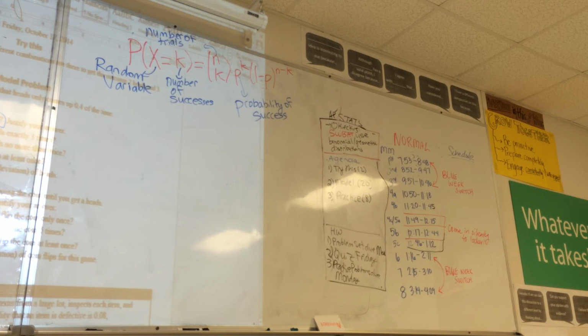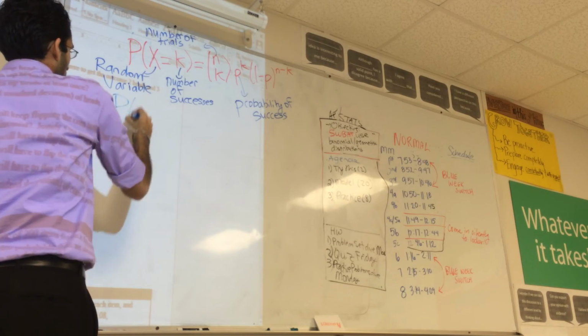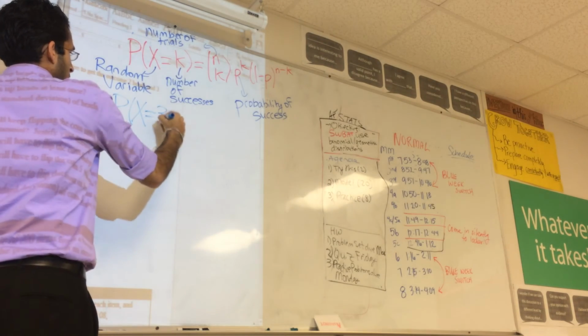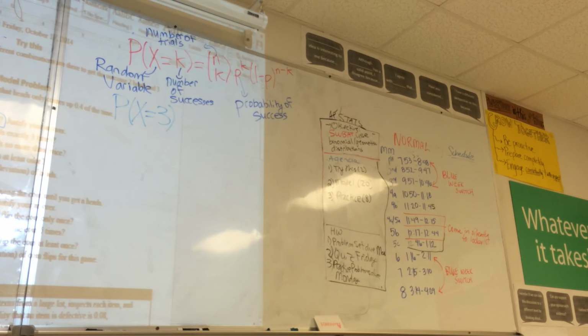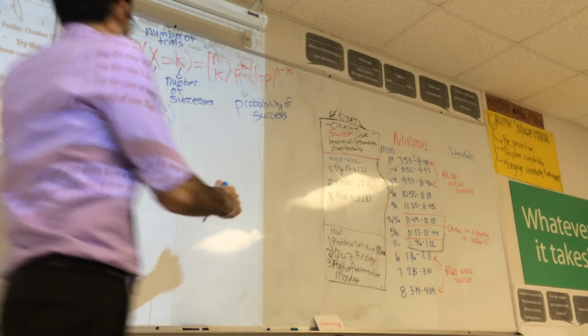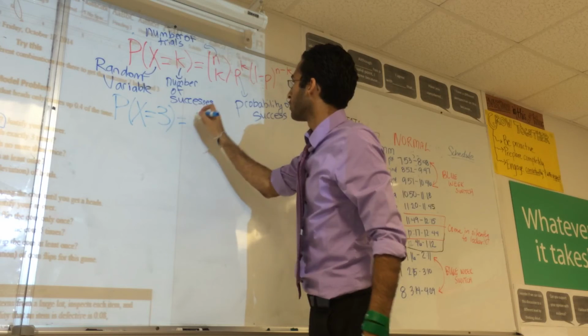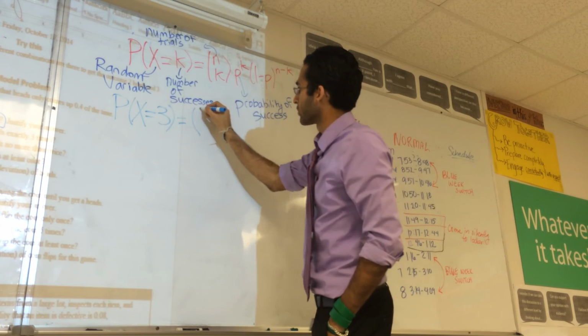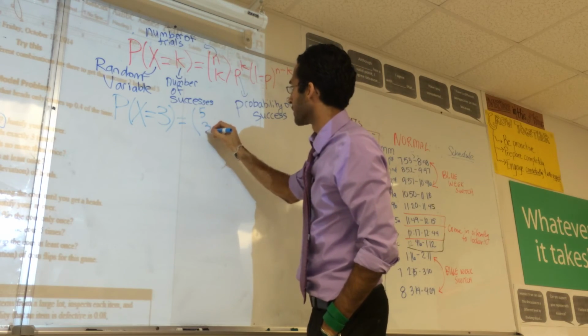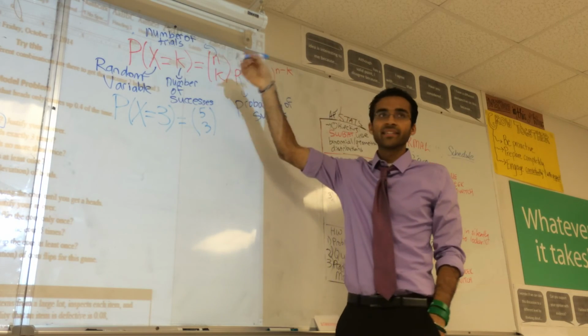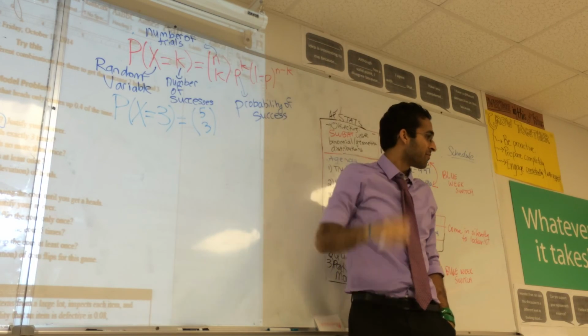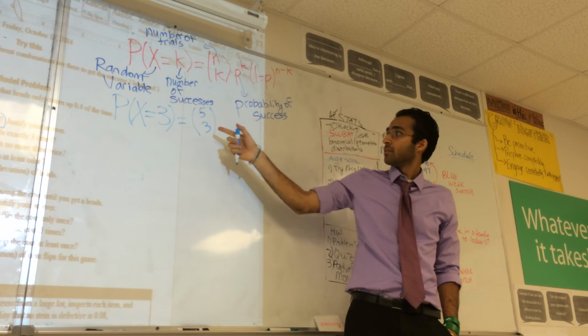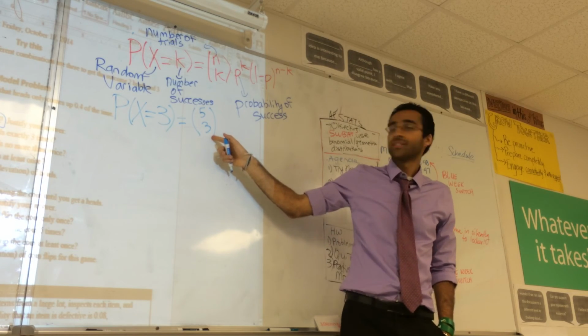Okay, so let's apply this to this problem. So in this problem, we're saying, what is the probability that x equals 3? Because we want to know what's the probability that it comes heads, or that I succeed 3 times. So the probability that x equals 3 is equal to this little parentheses thing, which again, I haven't explained what this means yet. We will get there. 5 is n, because it says I'm going to flip a total of 5 times. k is 3. I want 3 successes.